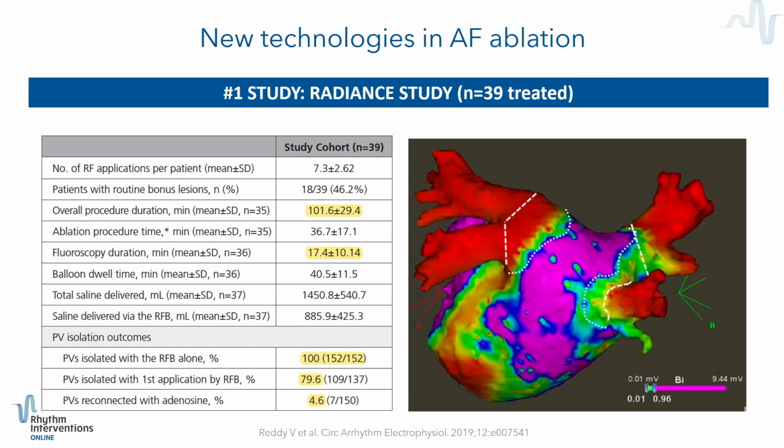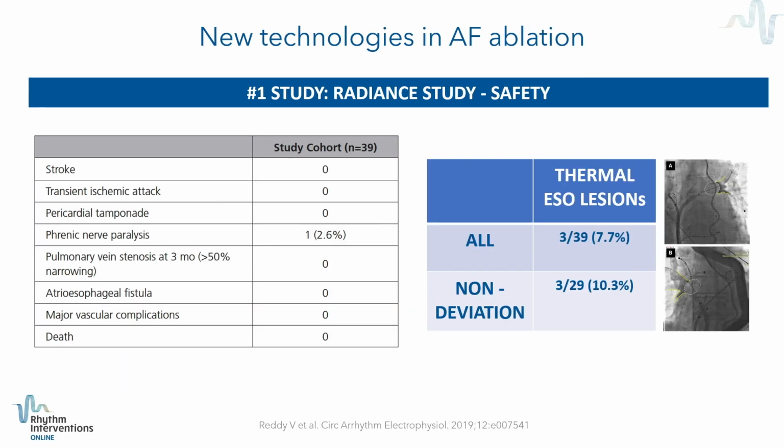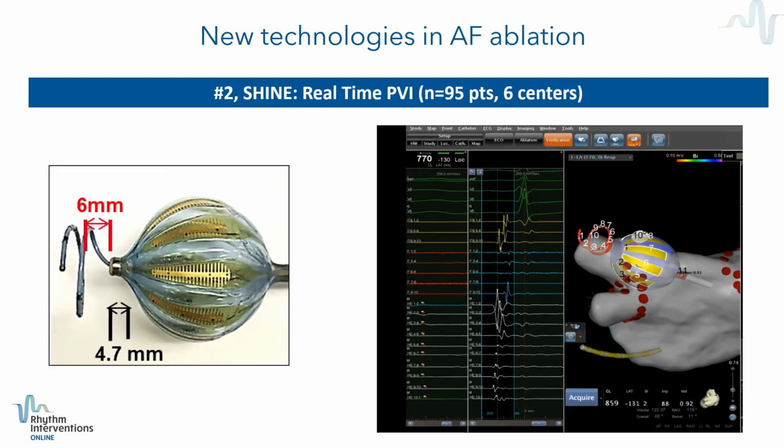Initial data showed pretty nice procedure times, 100 minutes, less than 20 minutes fluoro exposure, and most of the veins could be isolated with the device only. However, in some cases, temperature rises and potential lesions in the esophagus remained an issue.